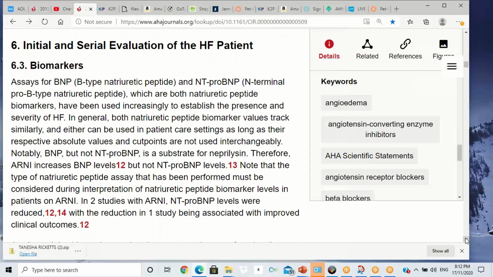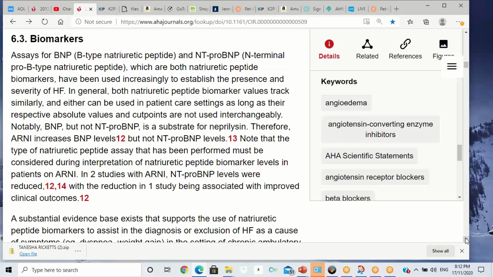There's updates on the biomarkers, and as you remember, we do a lot of BNP. The two assays that we are doing is the BNP, that's the B-type natriuretic peptide, and the NT-proBNP, that's the N-terminal pro B-type natriuretic peptide.